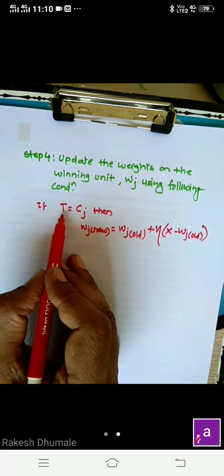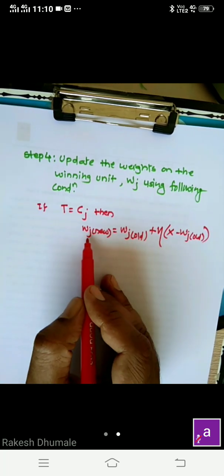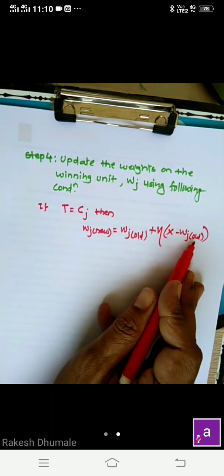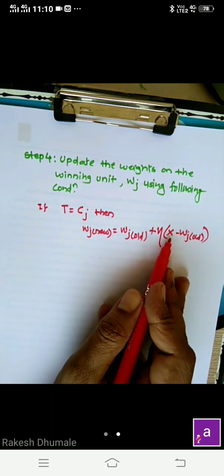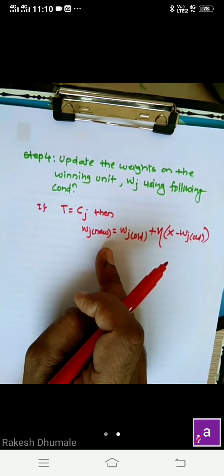If this is the winning vector, then update the weight. How to update the weight? Wj new is equal to Wj old plus eta into (x minus Wj old), where x is the input vector, correct? This equation was already used in KSOFM.